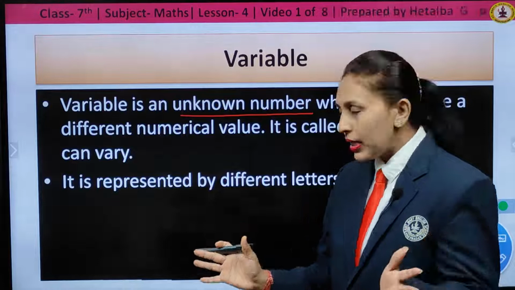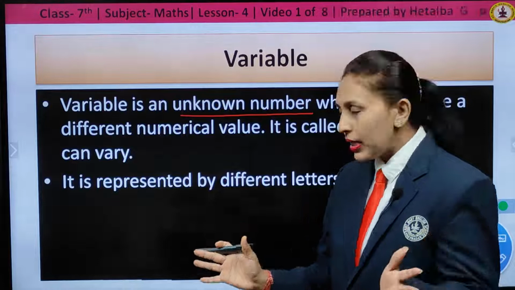Equal to sign is very important in an equation. For example, suppose I take 2x plus 3 equal to 3x plus 4. So you can see this is an equation which has two expressions, the first expression is 2x plus 3, the second expression is 3x plus 4.